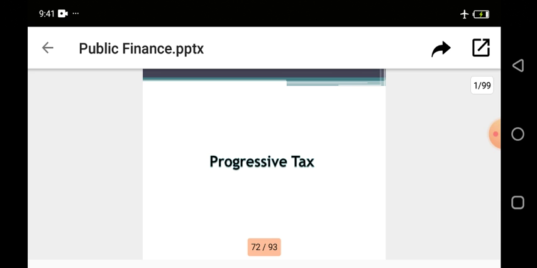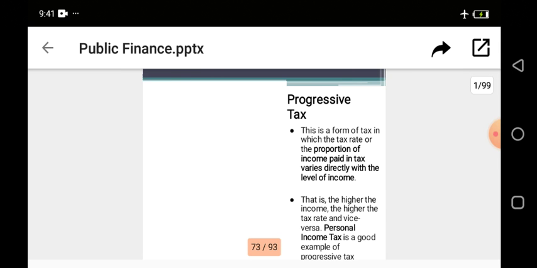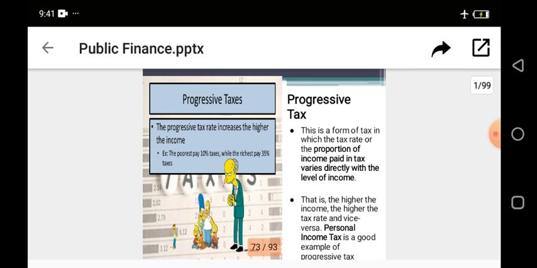As it implies, progressive means there's a positive relationship between the tax you pay and your income. So what is progressive tax? From the diagram you see there, a progressive tax rate increases as your income increases.